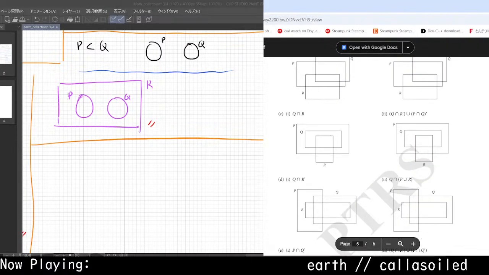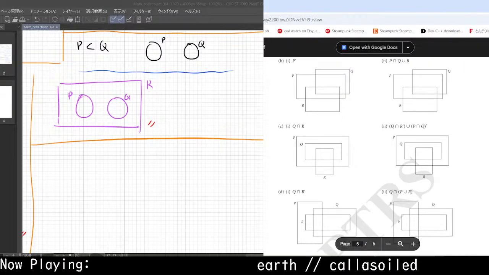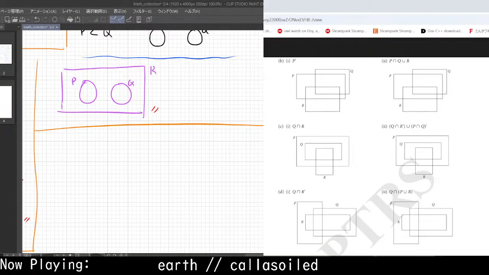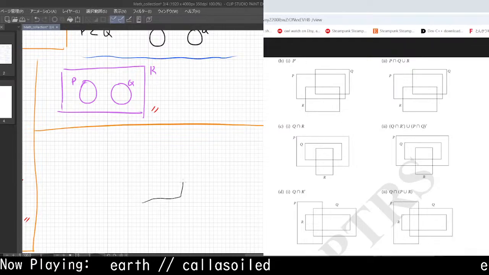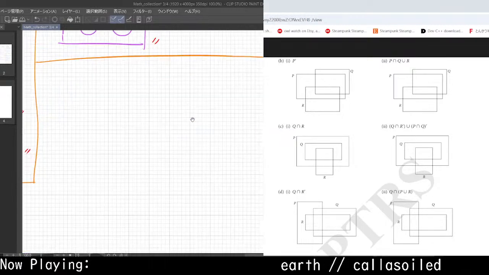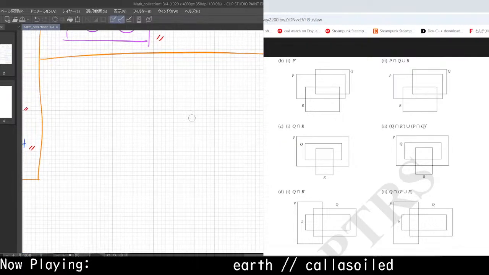Okay, let's look at C2 over there. Press space, press the hand, grab. Let's look at C2.